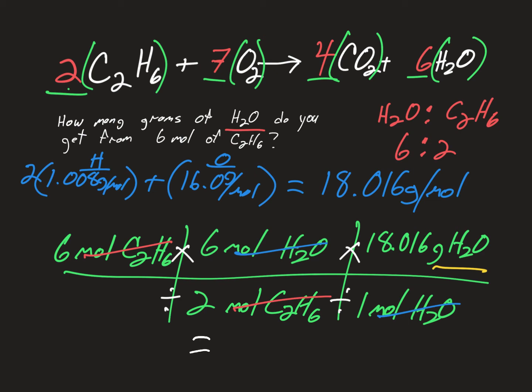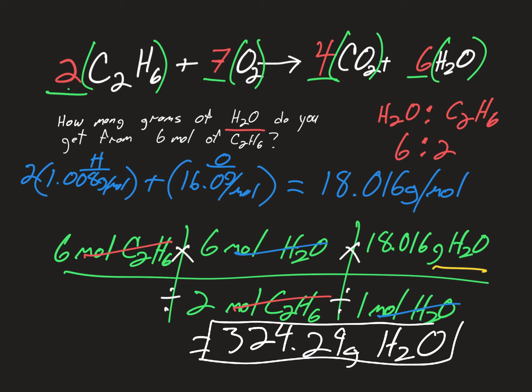And what I get is 324.29 grams of water. So whenever I go through 6 moles of ethane in a combustion, I'm going to get 324.29 grams of water out of it. And that's why this is so important.